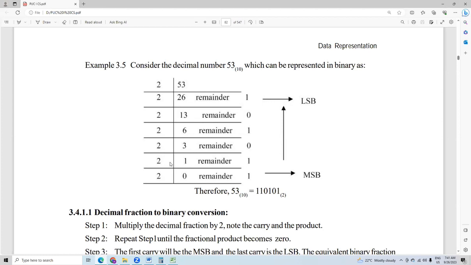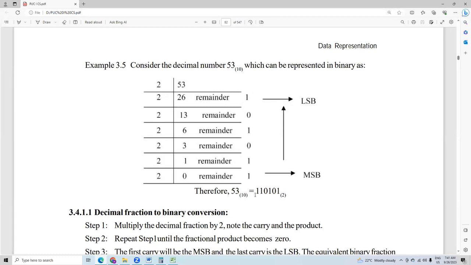So here we have 1 left out. Then after that, 0 is there. So what you have to do in this case is consider the remainders in the reverse order, MSB to LSB.